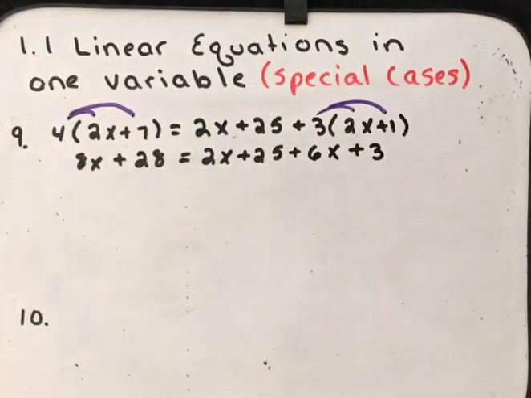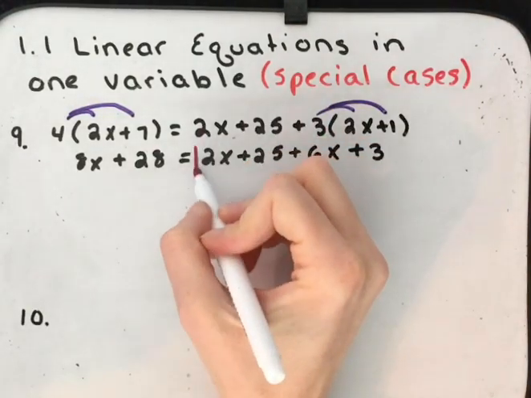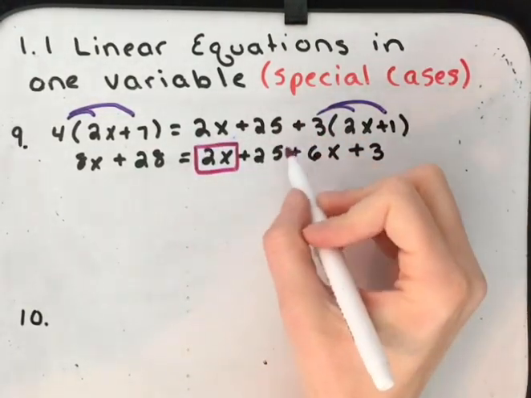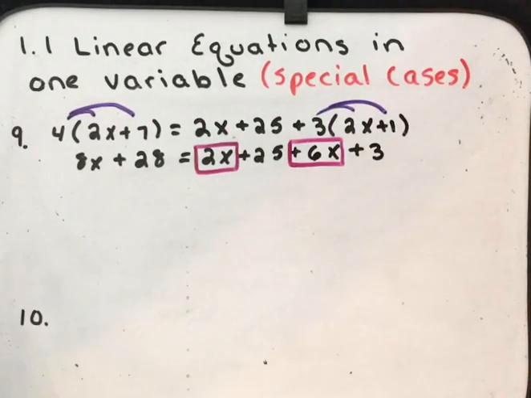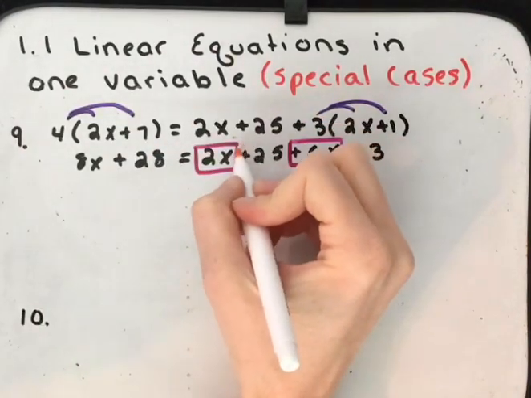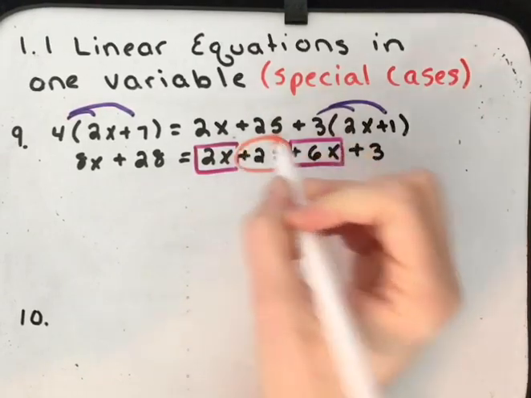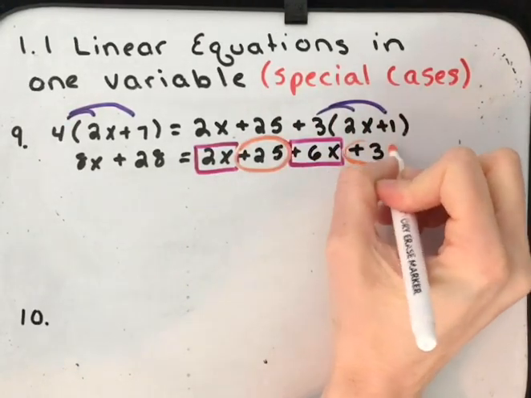So now we can look at this and we can look for our like terms so we can start simplifying. So if we look at the right side, we have our 2x right here, our positive 6x right here. We have plus 25, and we have plus 3.